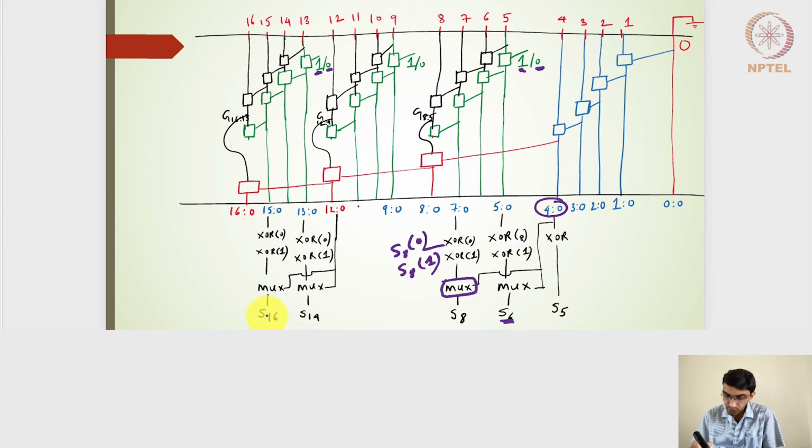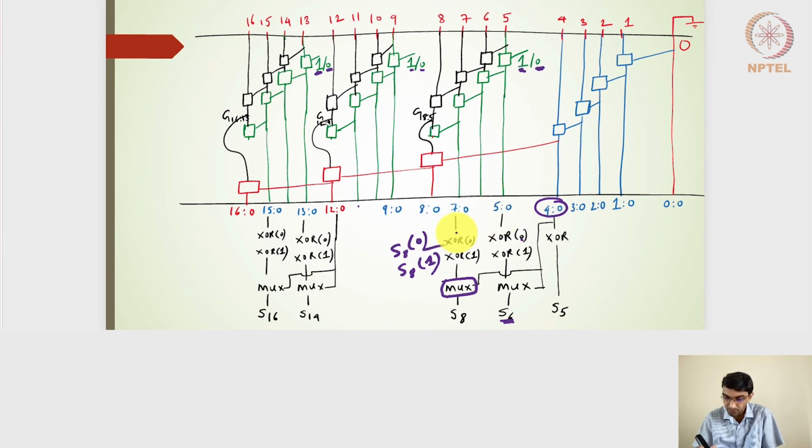Right? So for generating the sum bits, we need these green boxes in each of the groups, considering 1 or 0, so that it will be able to generate a pair of G, 8:0, 7:0, 6:0, and 5:0.